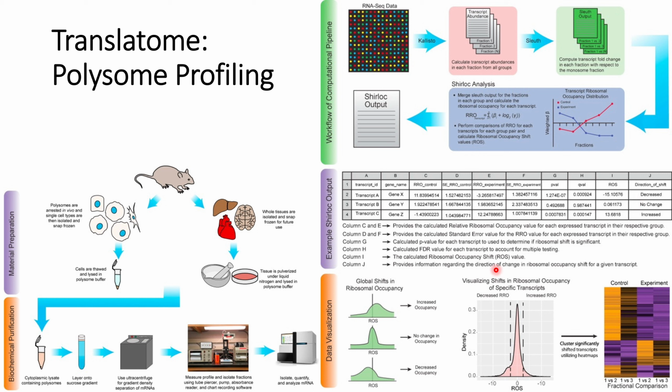So there is a decrease in the translation of this gene X. Similarly, for the next gene, gene Y, this value is almost close to zero. So there is almost no change in the translation of this gene Y. Whereas for gene J, the value is positive. This indicates that more ribosome is bound to this gene in the experiment case compared to the control. There is an increase in the mRNA translation.